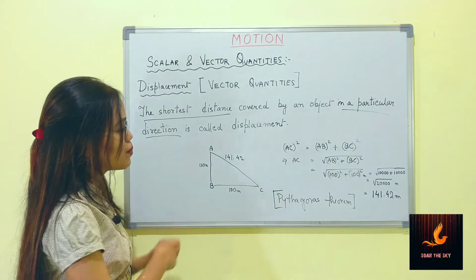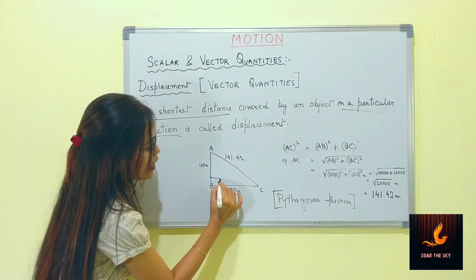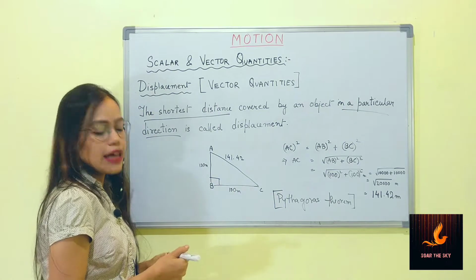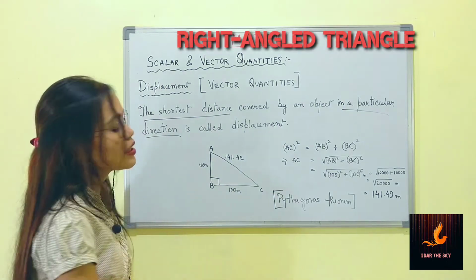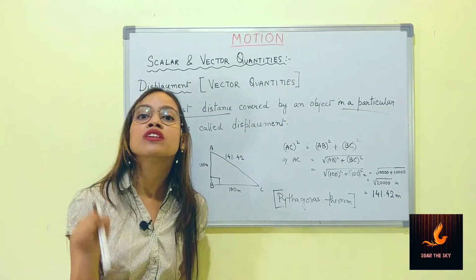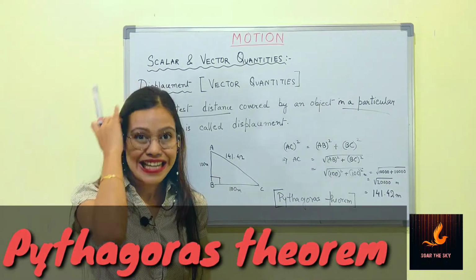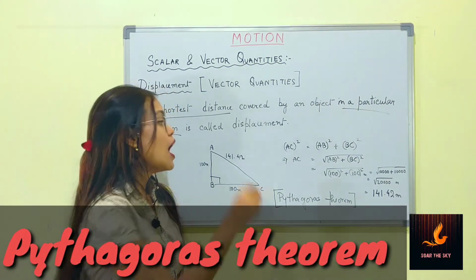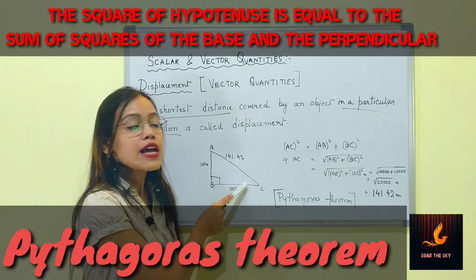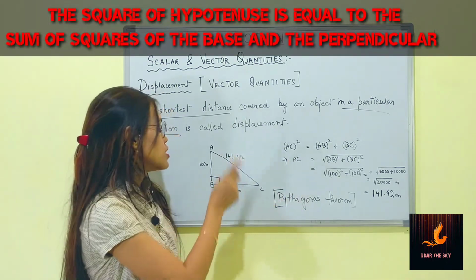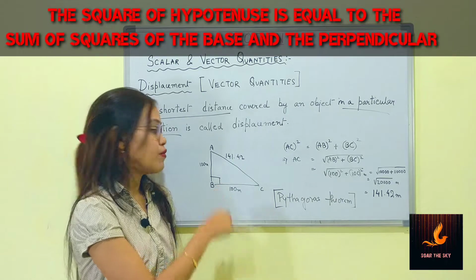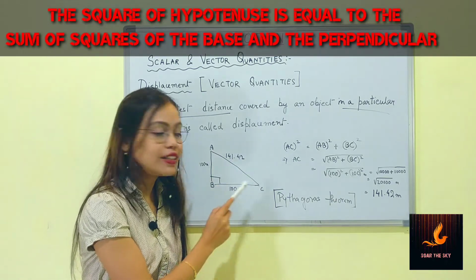This particular thing is a right angle triangle, we can call it that. And in a right angle triangle, there is a particular theorem which is known as Pythagoras' theorem, which states that the hypotenuse square is equal to the sum of the squares of the perpendicular and the base.